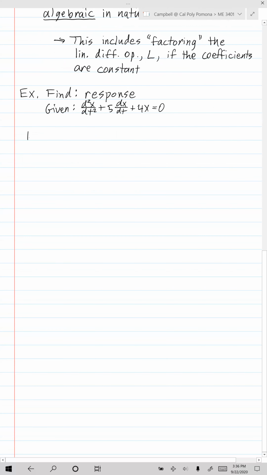And we want to work with this particular differential equation and find the solution for this homogeneous LTI second order diffeq. So since we're talking about differential operators, let's form the linear differential operator L.